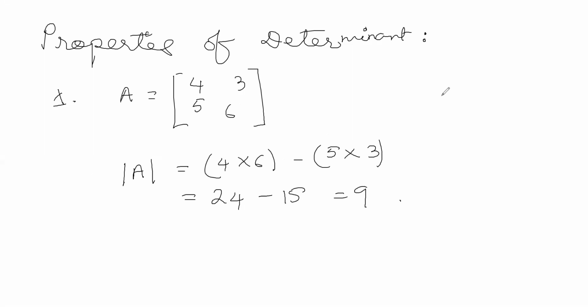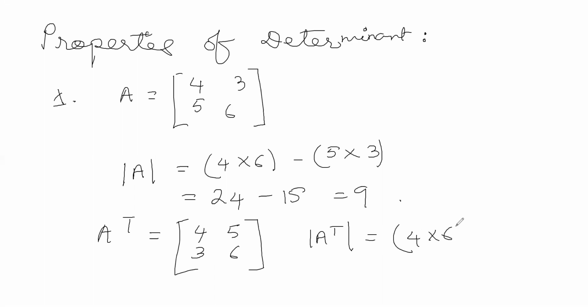Now let's take the transpose of this matrix A. So the transpose of the matrix is 4, 5, 3, 6. If you take the determinant of this matrix, then you get 4 into 6 minus 3 into 5, which is again 24 minus 15, and the value is equal to 9.